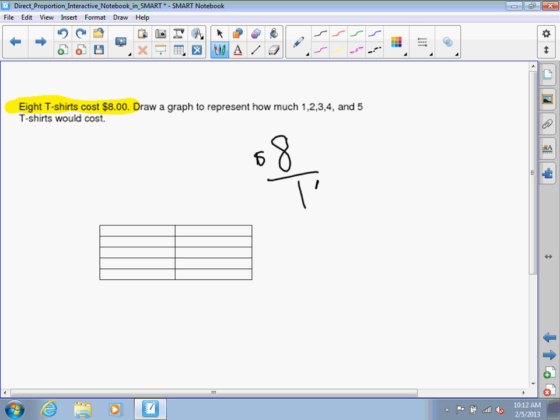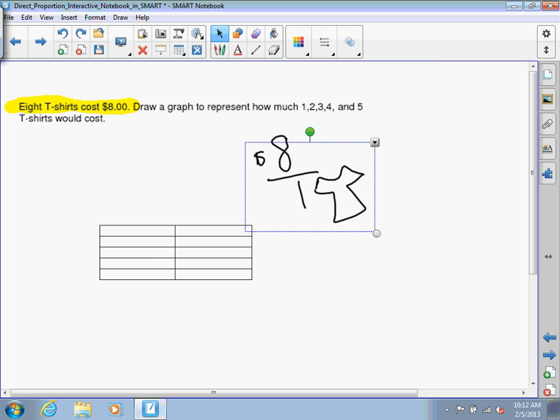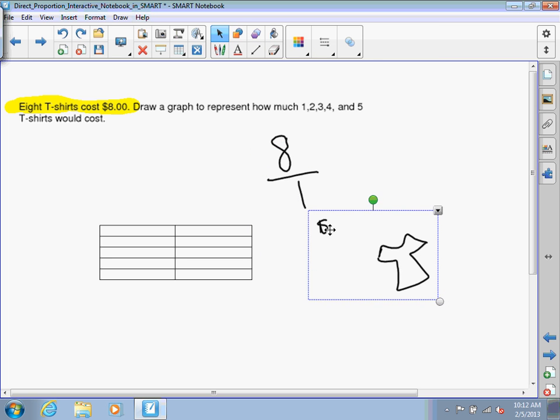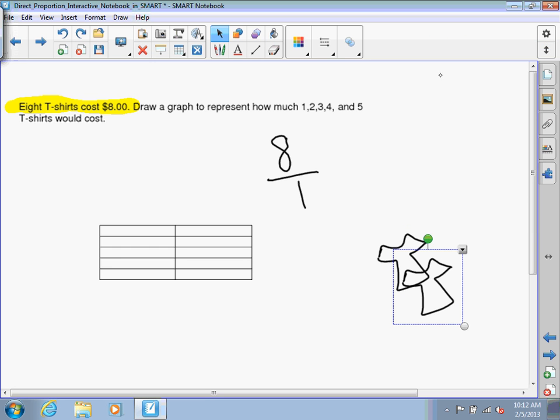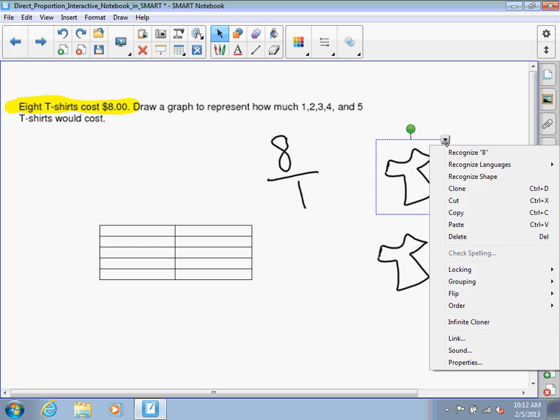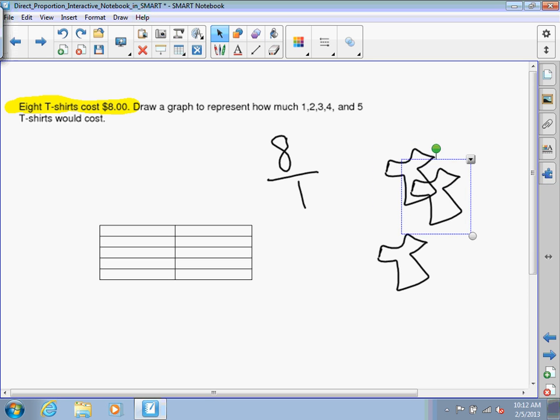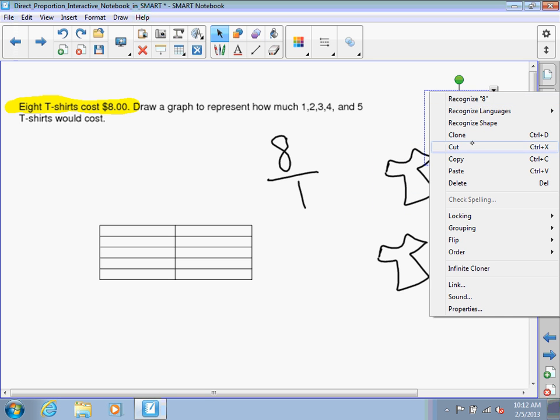$8 for one shirt? Do y'all agree? Is it $8 per shirt? Huh? Is it $8 per shirt? It said what? $8 for 8 shirts. But there's 8 of them.